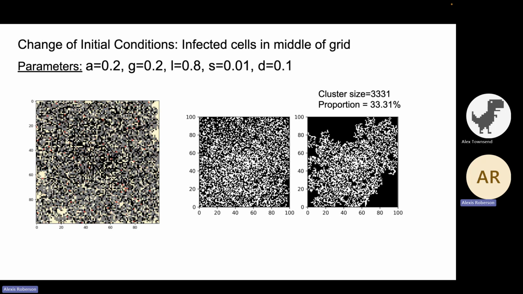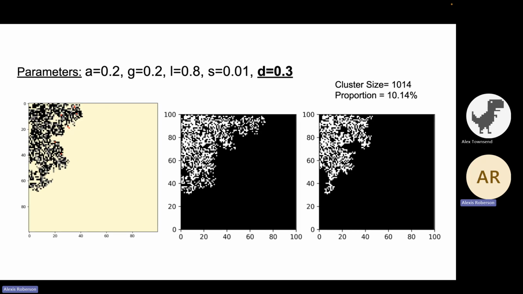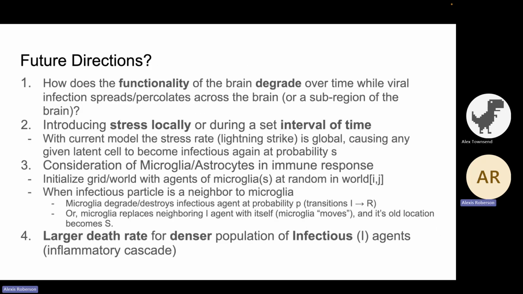Based on cluster sizes, we get damaged brain regions, which does affect brain functionality. We're not going to go into depth on this, but one of the more interesting future directions would be evaluating the functionality or connectomics of the brain as it degrades over time with the viral spread.